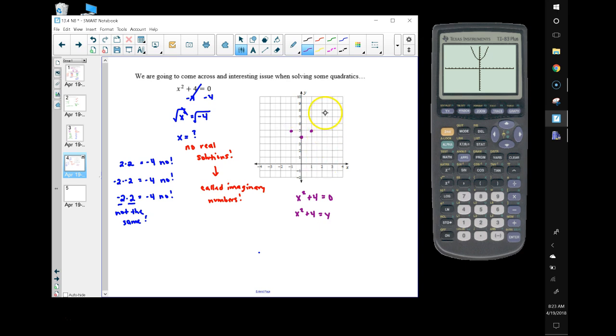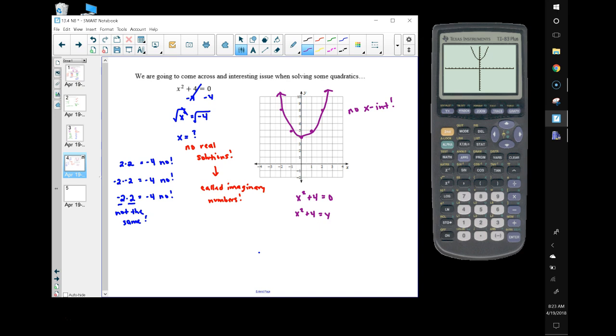I've got 2, 8. So these are my points. And it looks just like the graph I have on my calculator, right? Now, you'll notice, we've talked about this before, does this graph have any x-intercepts? It has no x-intercepts at all, which matches our answer, right? It doesn't ever cross the x-axis, so there's no x-intercepts. Okay?